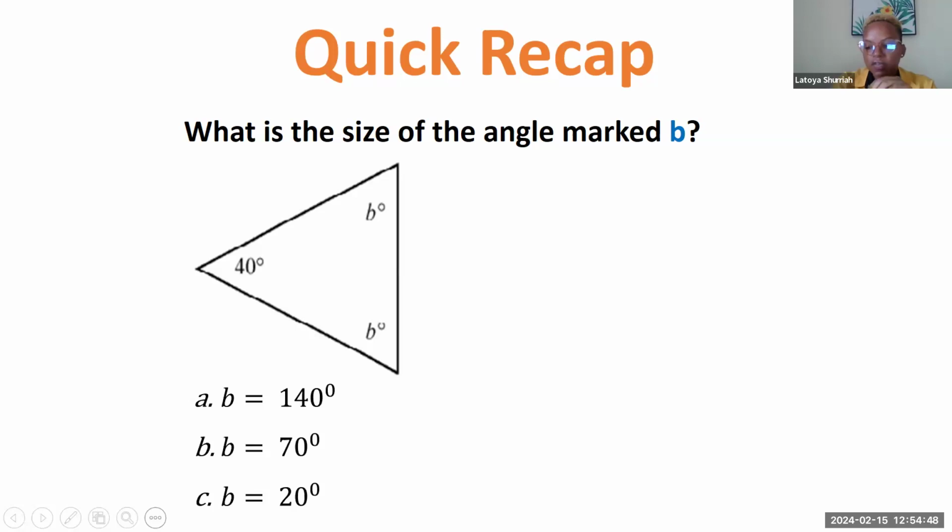I love the use of the language: all interior angles sum to 180. Excellent. Miss, I was saying 70 degrees. 70 degrees. And I see in the chat, 70, easy. That's what Moses said. All right, good. Lovely. Wonderful.